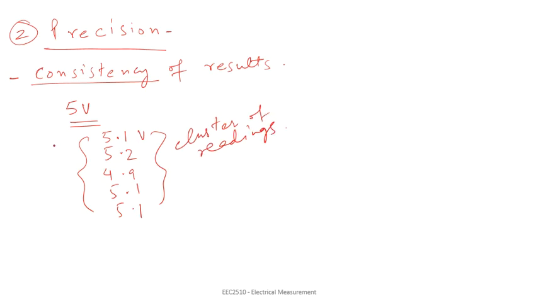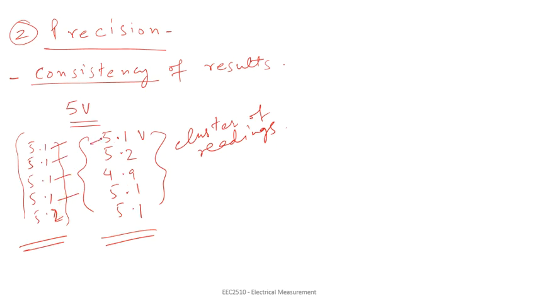So suppose this may be the case also, that if all the 5 times you measure, you get the value 5.1 volt, or in the last case, let us suppose you get 5.2 volt. So if you just compare these two different sets of readings, in this set you are able to get 5.1 four times out of 5, whereas in this set of readings you are getting it only 3 times.